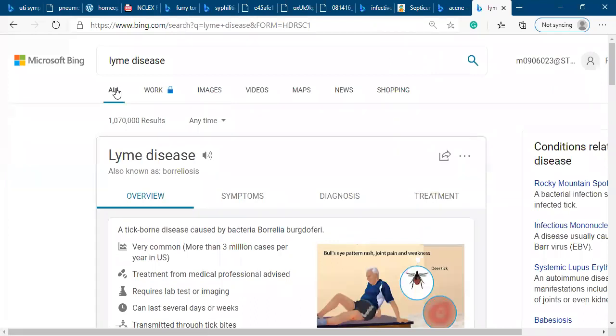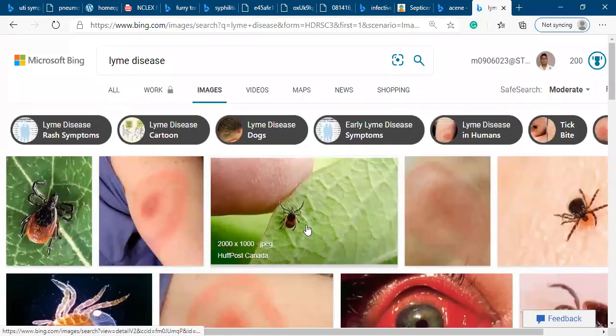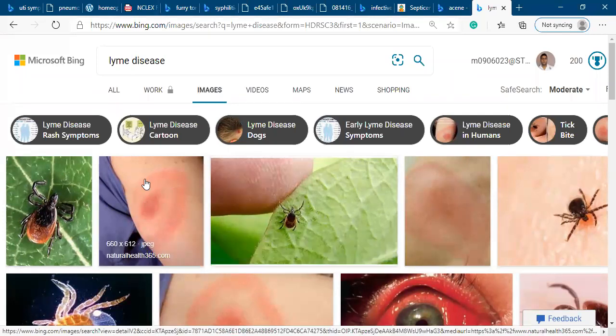Lyme disease is a tick-borne disease caused by the bacteria Borrelia burgdorferi. If the patient goes to some area like a hill area or forest, ticks can bite, and you see a skin rash around the bite. This is called Lyme disease, and it can also be treated by tetracycline.